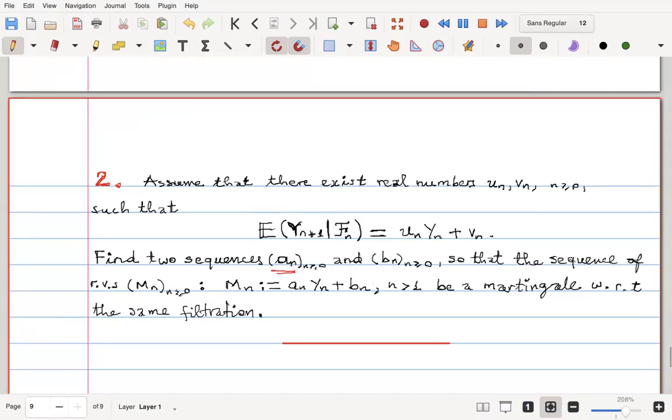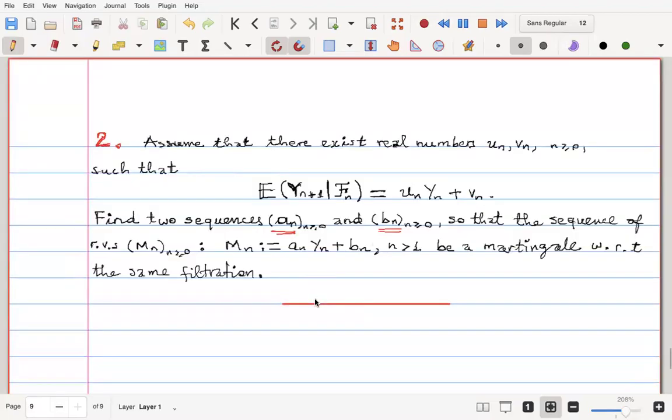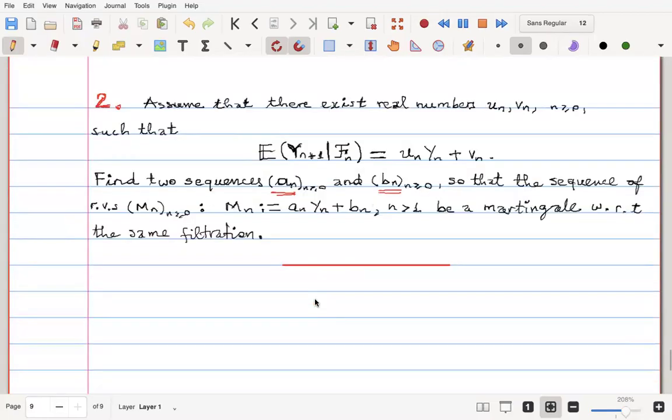So we want to find these two such that capital Mn is a martingale, right? If it's a martingale, we know the three properties satisfied by a martingale. And we assume that these two are given, right?